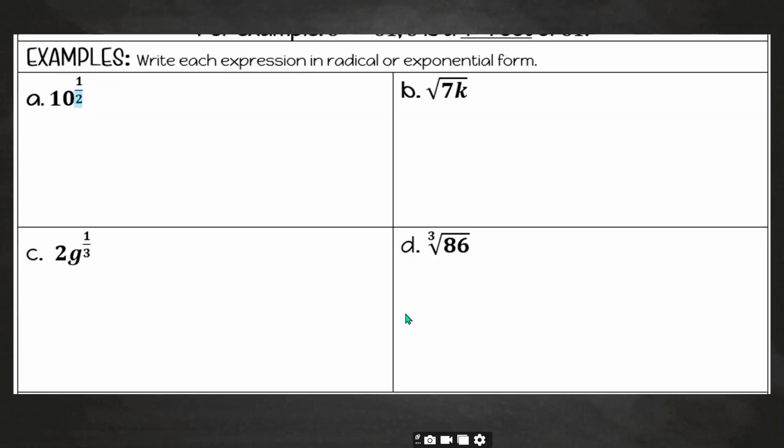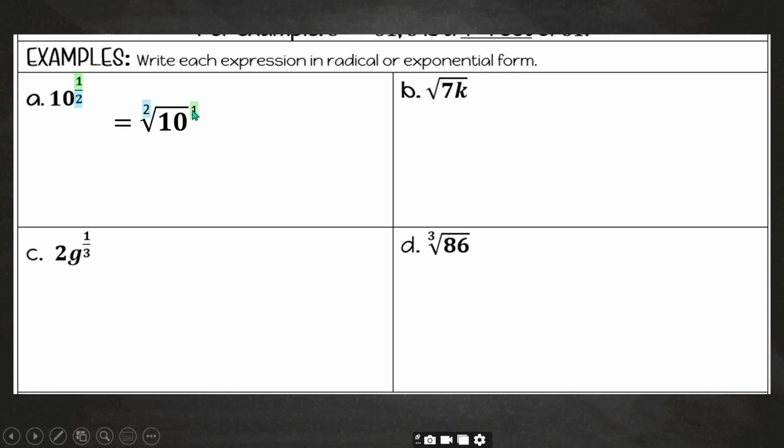We have 10 to the 1/2 power, and what we need to do is rewrite each expression in radical form, or if it's given to us in radical form, write it in exponential form. So for 10 to the 1/2 power, we write a radical with an index of 2, because that's the denominator of our fraction, and an exponent of 1.